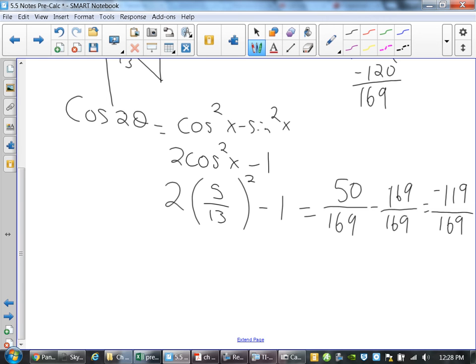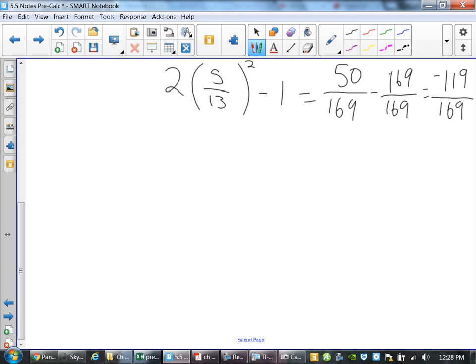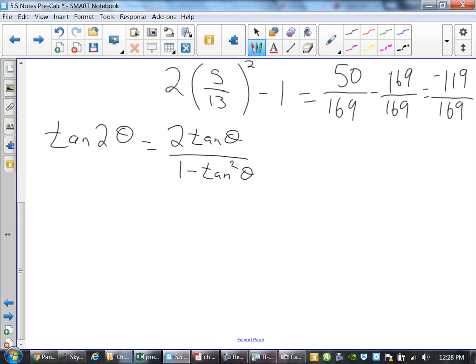Okay. And the last one was the tangent double angle. The tangent double angle was 2 times the tangent of theta over 1 minus the tangent squared of theta. Well, if I go back to my triangle, or did I give you that one?